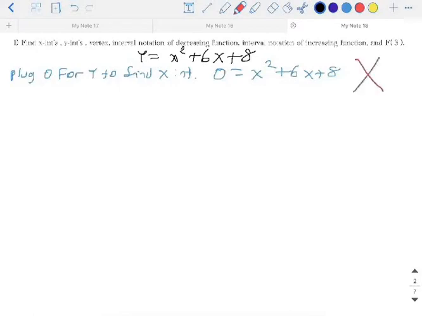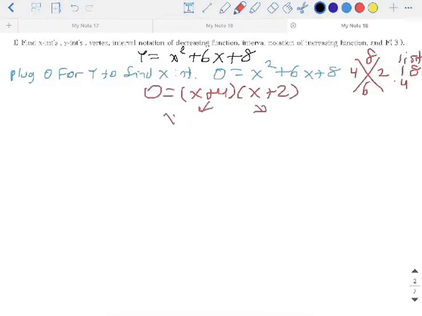This is a simple cross product algorithm. I'll put the 8 here, the 6 in the middle. Factors of 8 that can add up to 6: 4 and 2, due to the list. 1 and 8, and then 4 and 2. So now the parabola, simplified, becomes x plus 4 and x plus 2 is equal to 0.